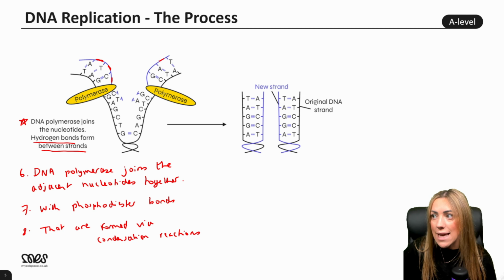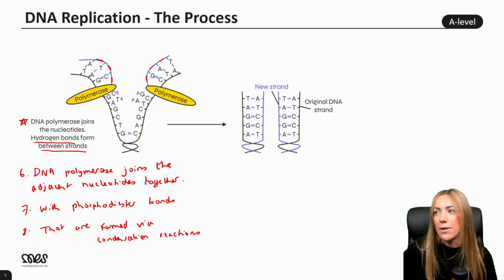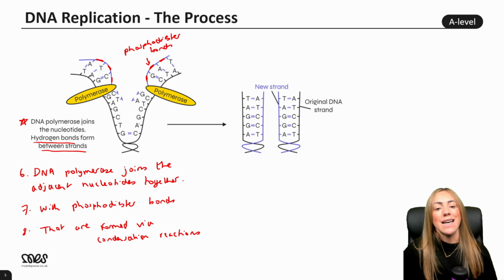And it will be doing the same on this strand, but just moving in the opposite direction because the strands are anti-parallel. So it's making phosphodiester bonds between these nucleotides on the new strand. So it's basically forming the sugar phosphate backbones, okay, via condensation reactions.